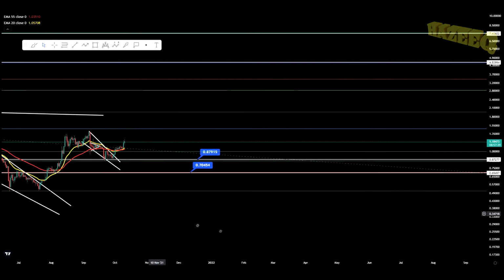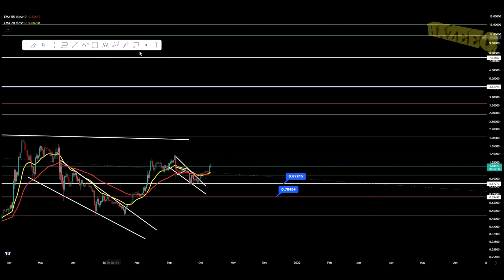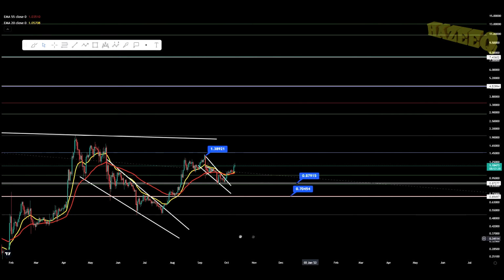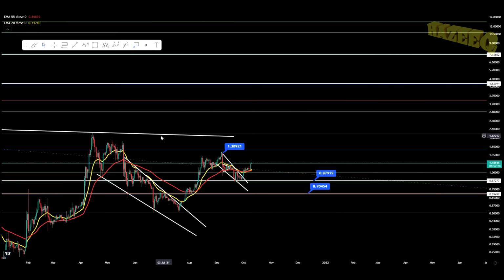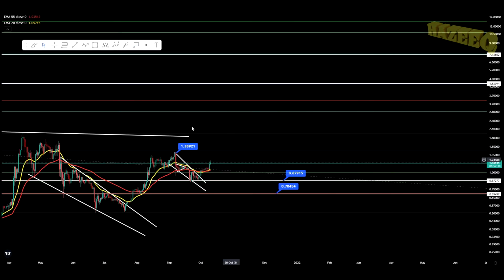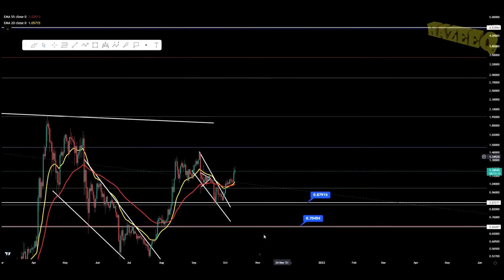And once again, this falling wedge has a target, and that target is where the falling wedge was created, and that is $1.39, okay? So that's where I anticipate us going at least, or you could even go higher and touch the 786 on the fib, which is $1.47. And that is where I anticipate the rollover for the market, if we're going to have one. Obviously, I can't say for sure, but it's what I think is going to happen.